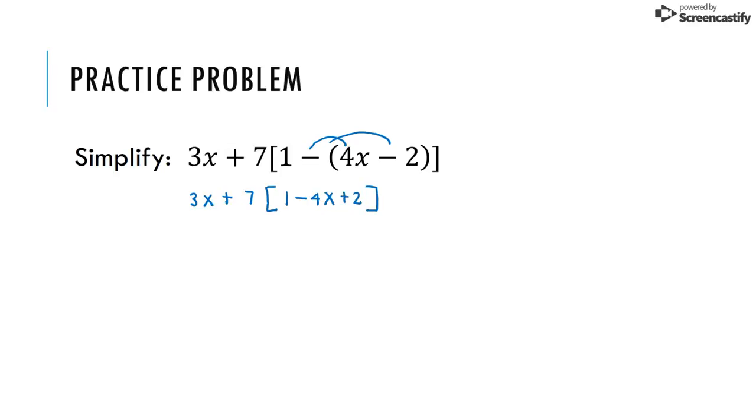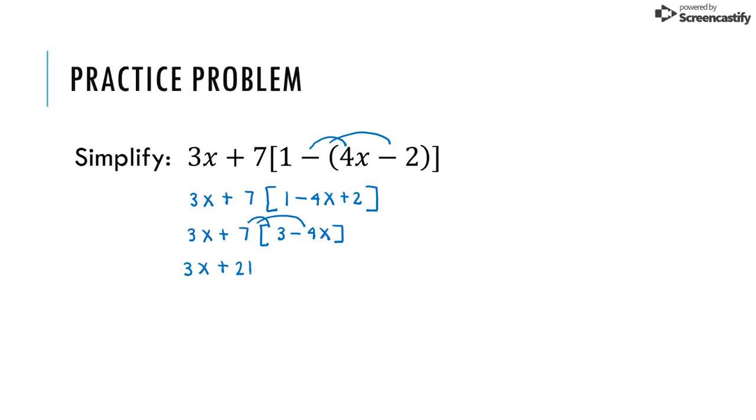Now I'm down to one set of parentheses. I'm going to go ahead now and combine any like terms that I have within this set of parentheses. So 1 and 2 is going to combine into 3. Now that I've taken care of the parentheses within the parentheses, following the rest of my order of operations, since those are not like terms in the parentheses, I'm going to once again do multiplication next because there are no exponents.